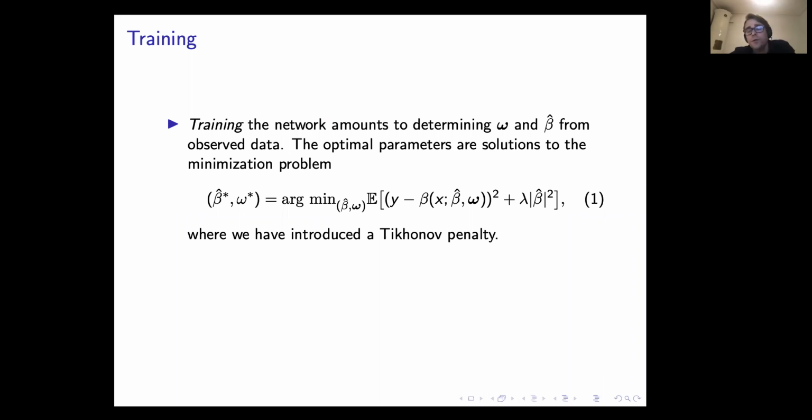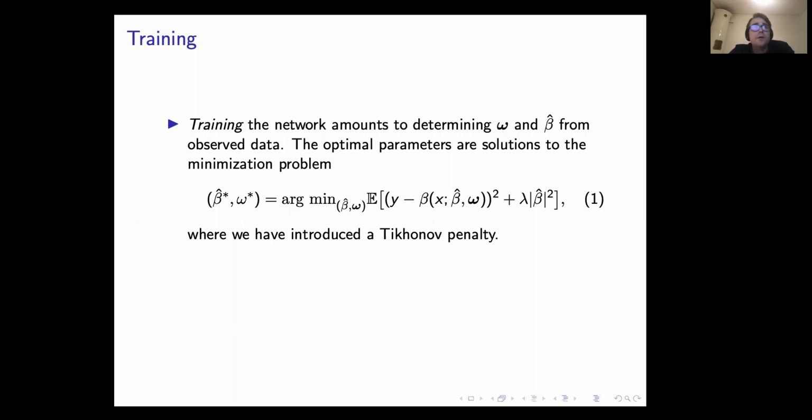Okay, so what do we want? Well, we want to train the network, right? We're introducing here a small Tikhonov penalty, but basically we look at the quadratic minimization problem, and we are trying to minimize some expected value.